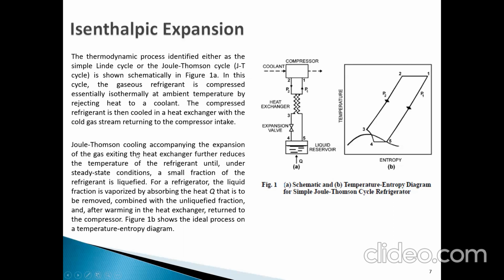Joule-Thomson cooling accompanying the expansion of the gas exiting the heat exchanger further reduces the temperature of the refrigerant under steady state condition. A small fraction of the refrigerant is liquefied. For a refrigerator, the liquid fraction is vaporized by absorbing the heat Q that is to be removed, combined with the unliquefied fraction, and after warming in the heat exchanger, returns to the compressor.